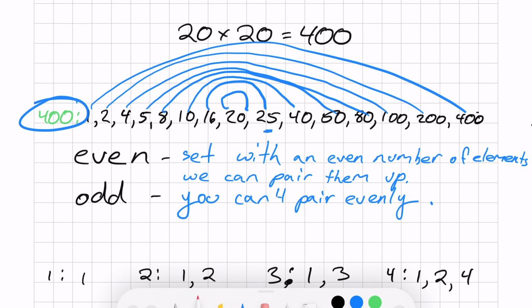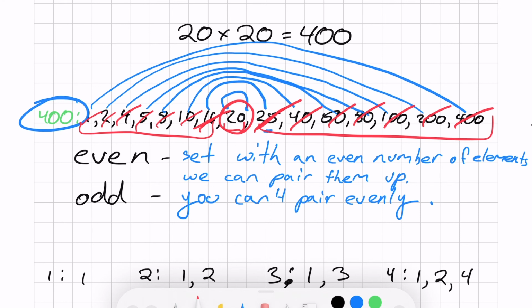So if I count them, right, it's 1, 2, 3, 4, 5, 6, 7. Okay, so now because I have two numbers for each pair, that's 14, right? And then I have my 15th there. Okay, so there's 7 and 7, that's 14. And then there's the 15th. So this is an odd number.